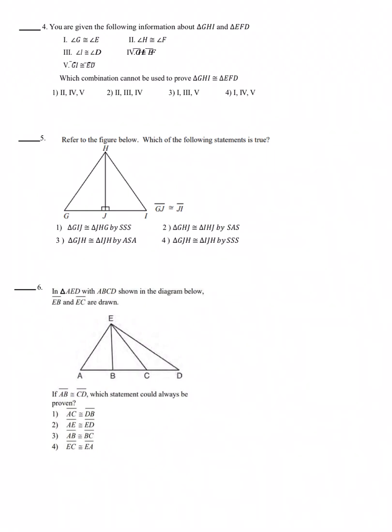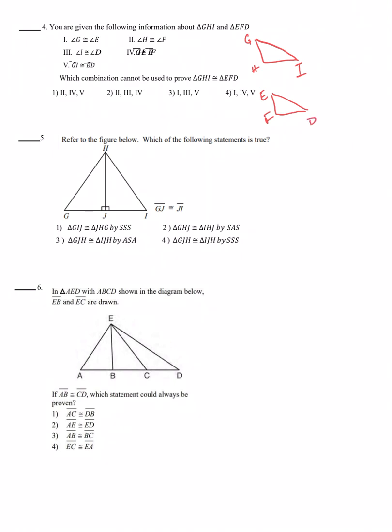Which combination cannot be used to prove that two triangles are congruent? So let's think about it. Here we can make any two triangles that we want. So we have triangle GHI, and we have triangle EFD.